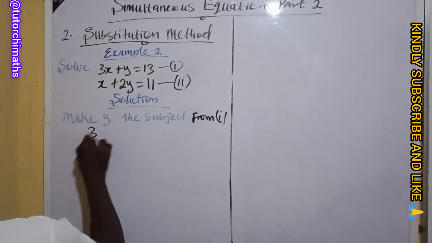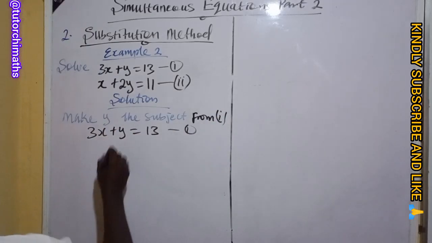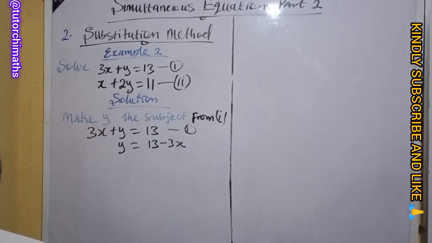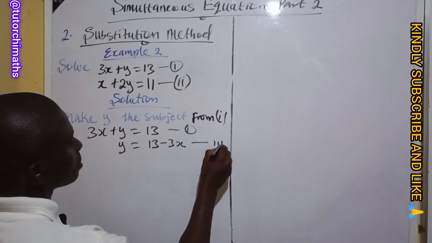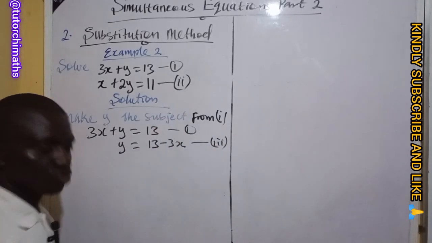So we have 3x plus y is equal to 13. This is equation 1. So y will be 13 minus 3x. We can call it equation 3. Put this equation 3 back into equation 2.